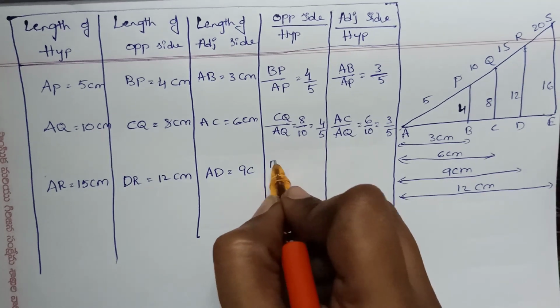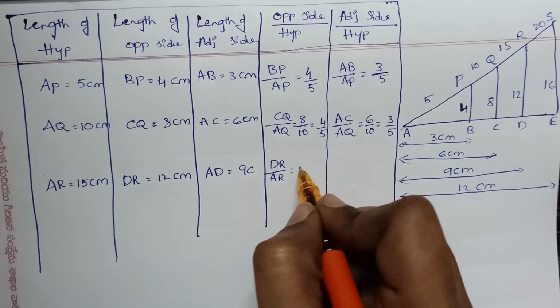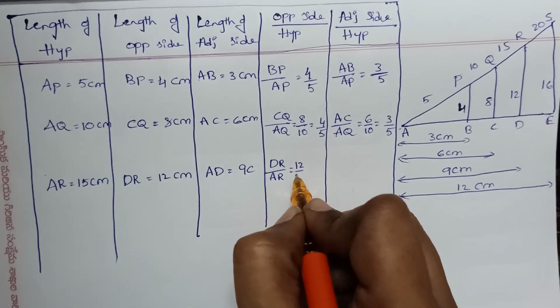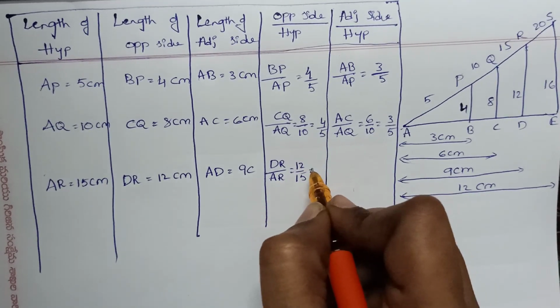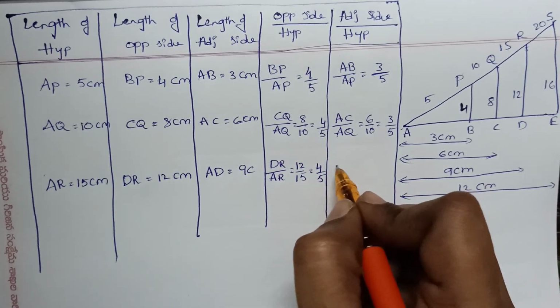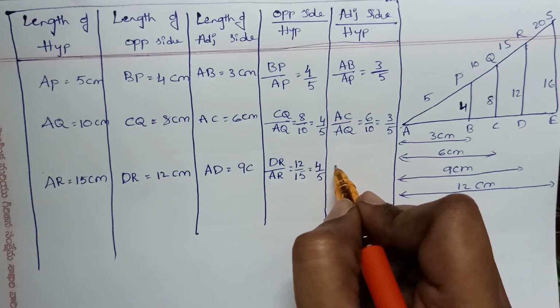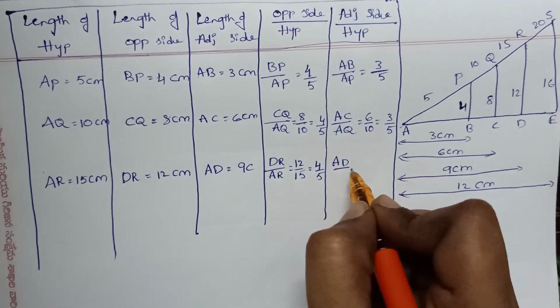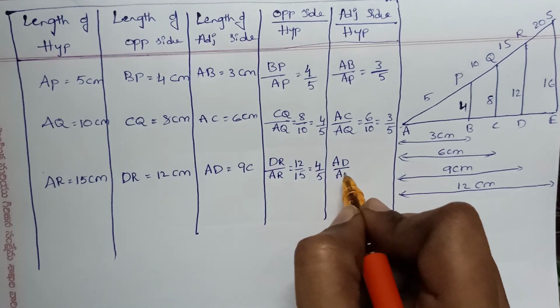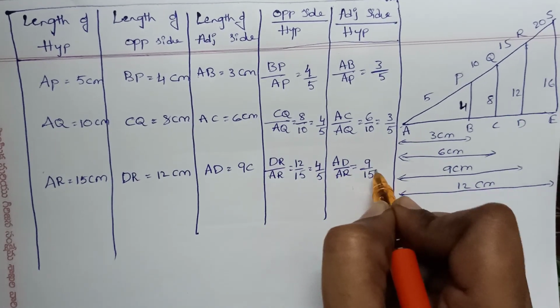DR by AR, that is equal to 12 by 15, that is equal to 4 by 5, and adjacent side by hypotenuse AD by AR is equal to 9 by 15, that is equal to 3 by 5.